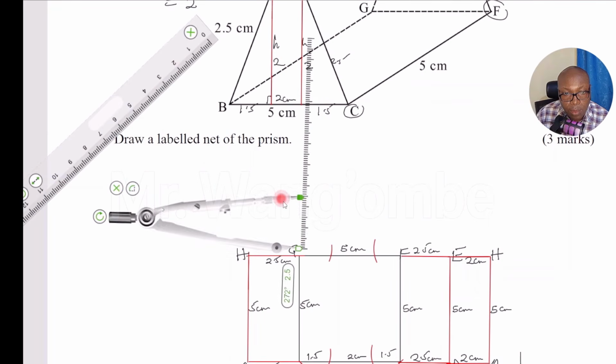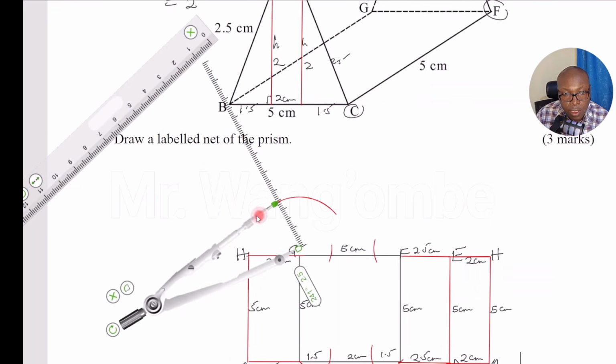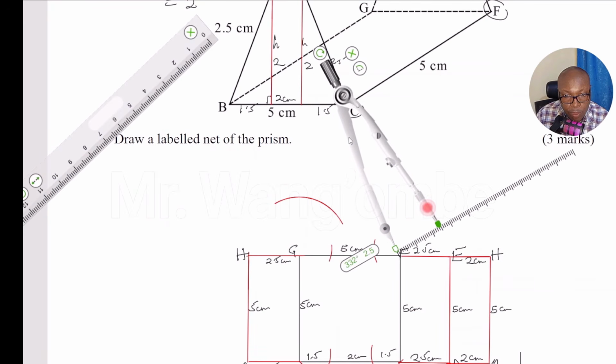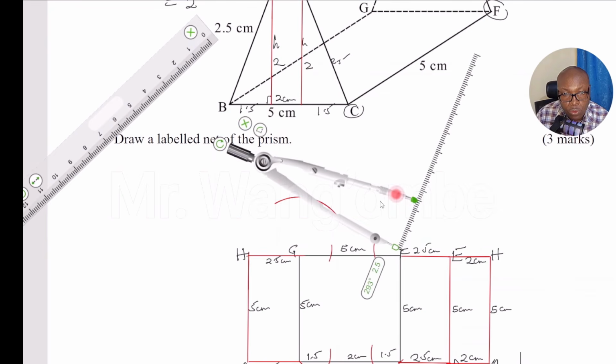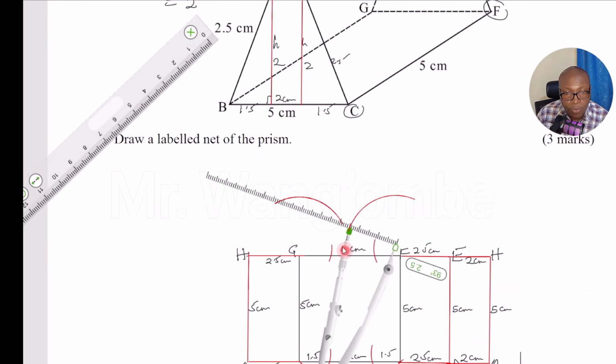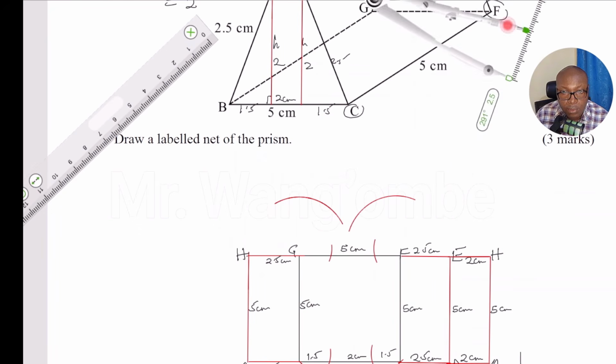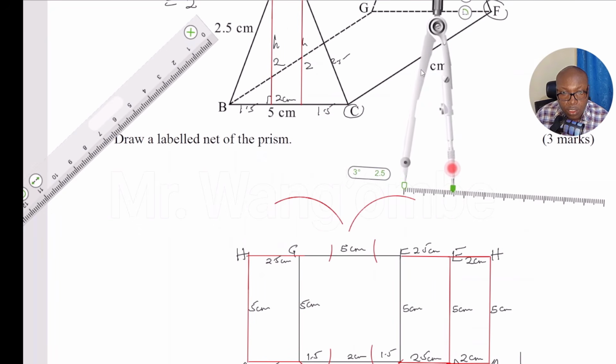And then mark an arc there. We make a bigger one like that. And then from the other end, from F, you have to mark another arc there. Measurement of 2.5. Then the height of the trapezia, this is where it comes in, 2 centimeters. So let me take 2 centimeters.